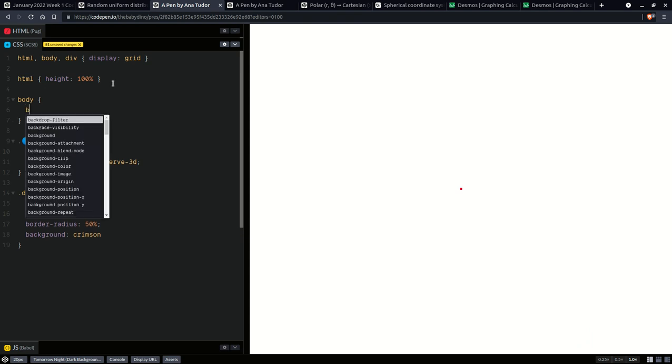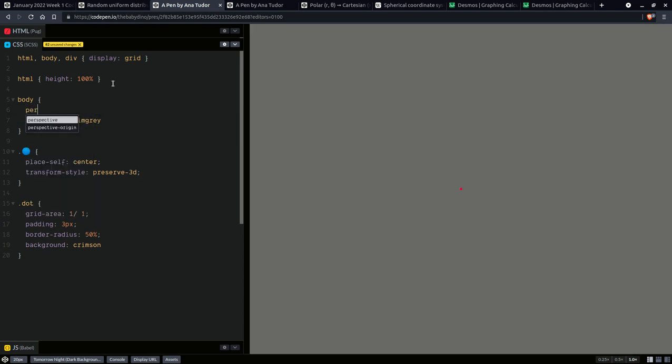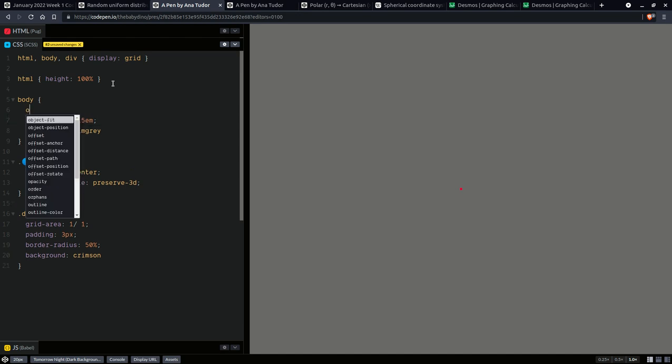So for example, background, something like that, and also a perspective. This is going to make the dots that are closer to us in 3D appear bigger, and those that are further away appear smaller. So let's say something like 15ems, and let's also set overflow hidden, and let's also set a box shadow here.